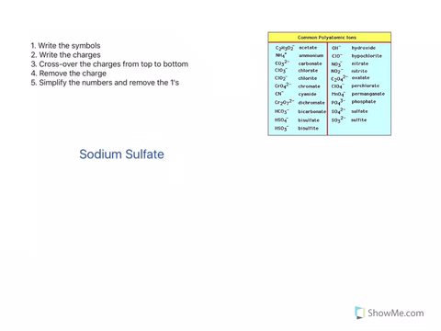Just like everything else, we're still applying our crisscross, or crossover, rules for this. Just like anything else, we're going to write our symbols first. I have Na for sodium, and sulfate found over here, SO4.